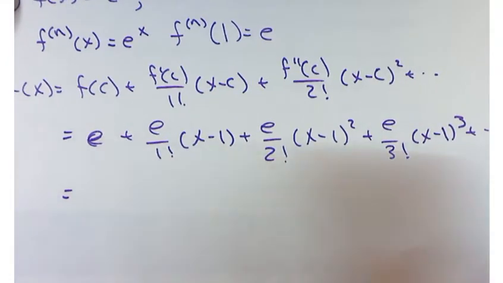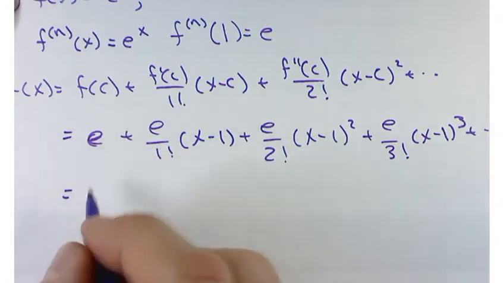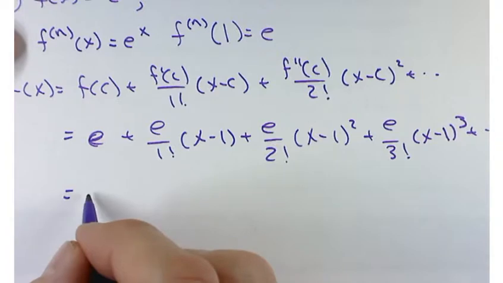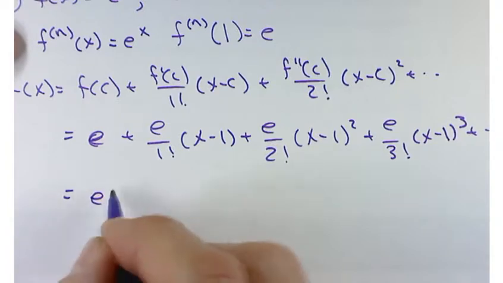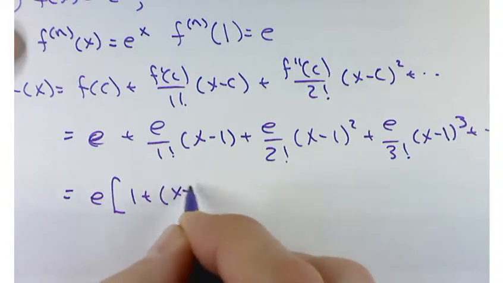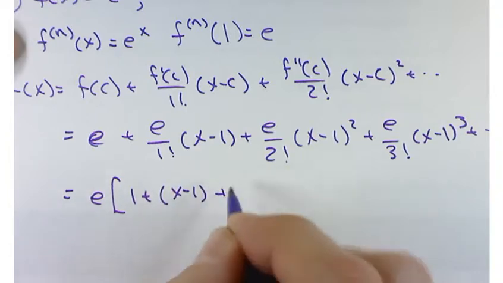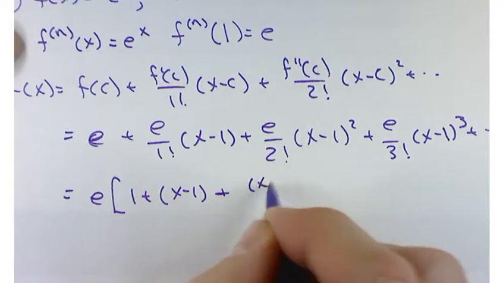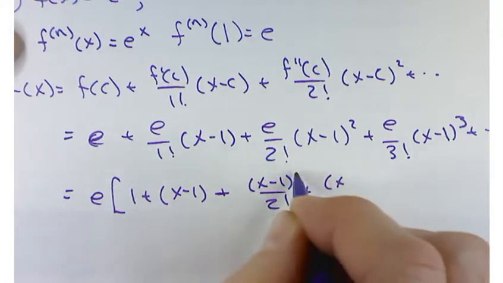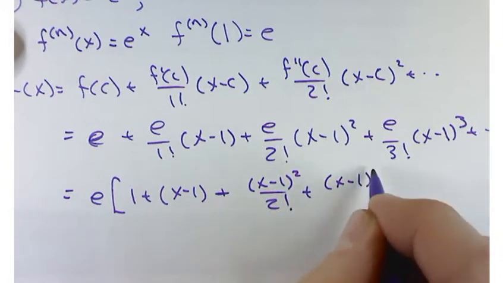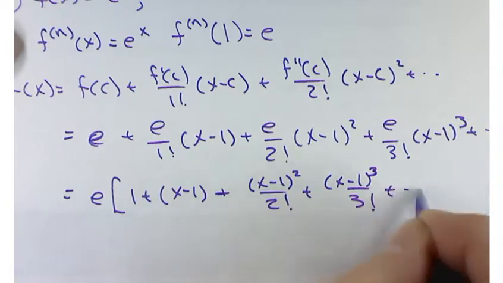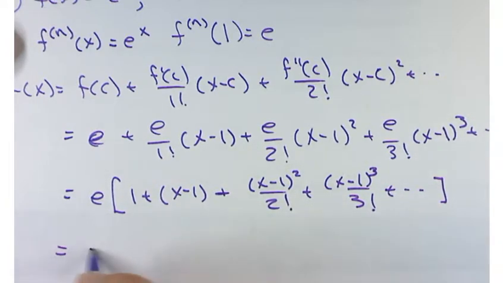Now we can factor out the e here, and then write the rest of it as a summation. So let me do that one at a time. If I factor out the e, I get 1 plus x minus 1 plus x minus 1 squared over 2 factorial plus x minus 1 cubed over 3 factorial. So overall, my series is going to look like this.